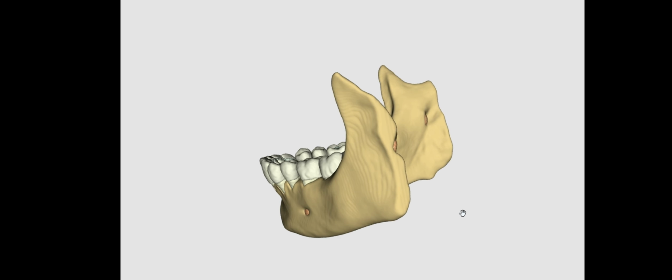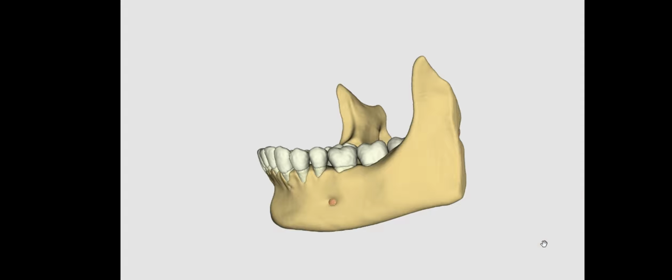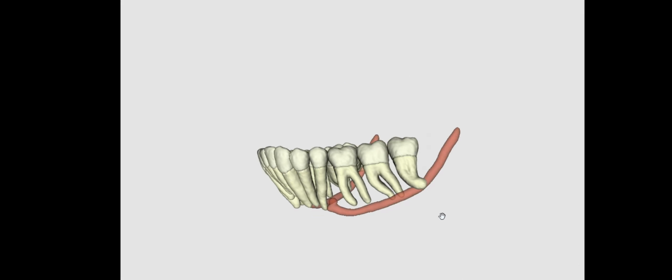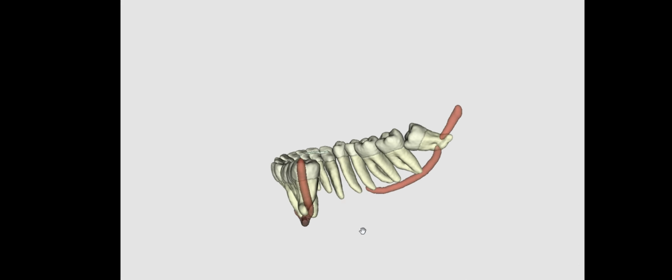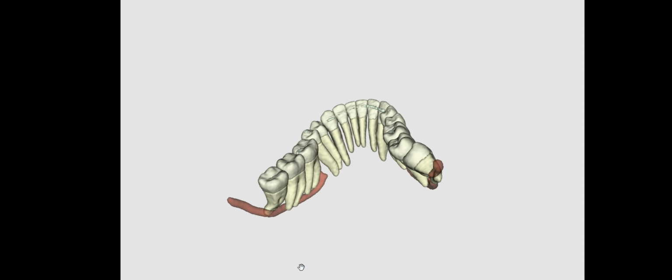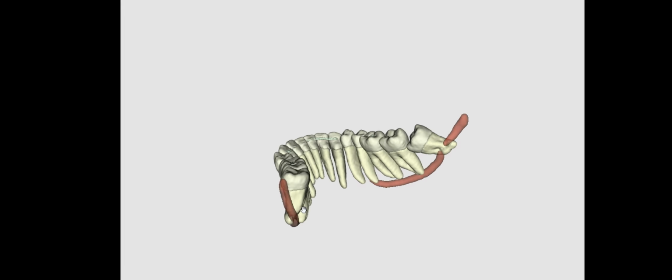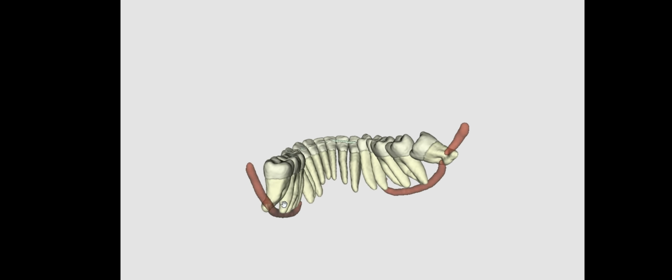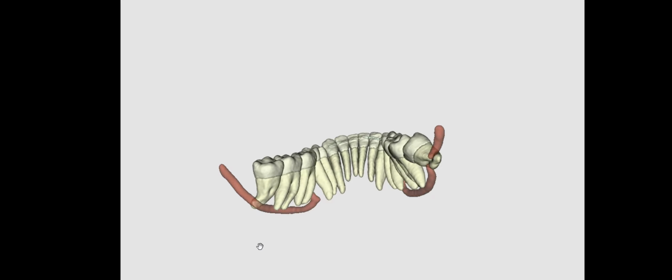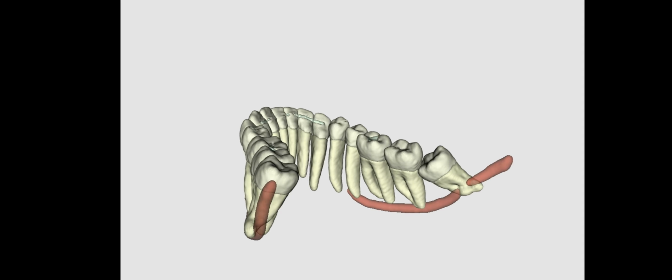And if we peel away the bone and we reveal the nerve and its proximity, we can see in 3 dimensions how they're related. So on the patient's lower left, you can see the hooked root here very clearly, and the nerve compressed between the root and the outer part of the bone in that area there.